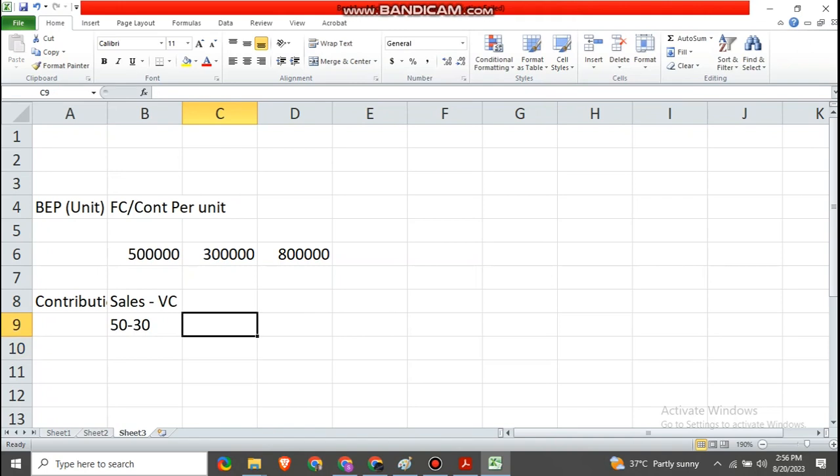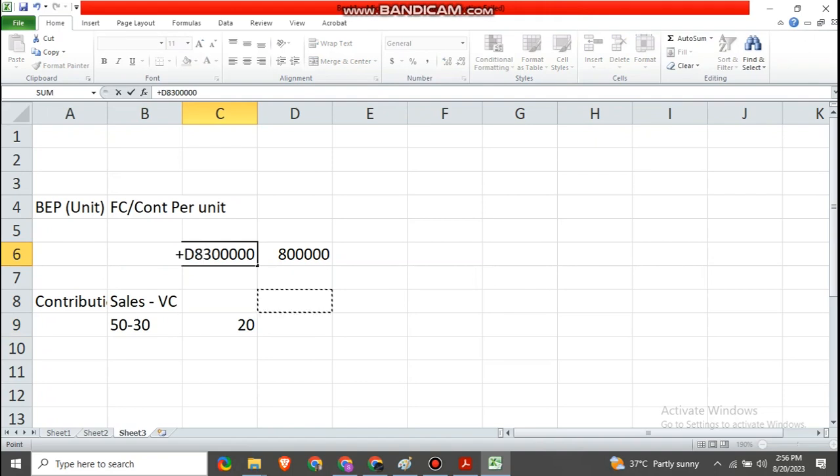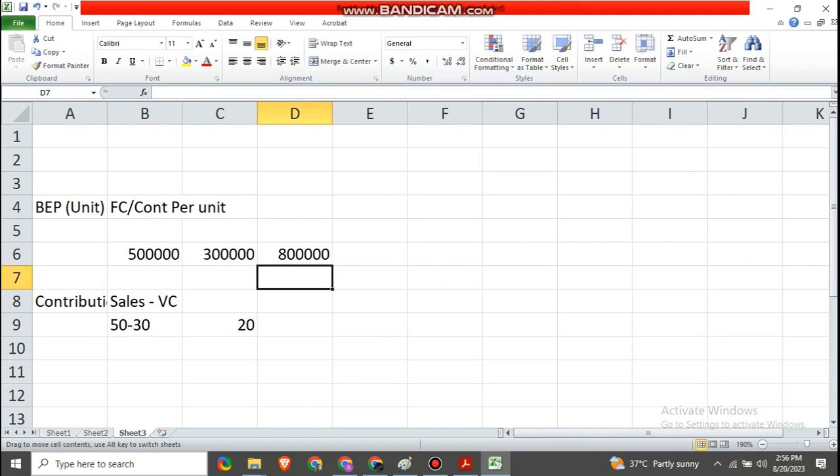Now if I use this contribution per unit of 20 in this formula, which is 500,000 plus 300,000 equals 800,000, then my desired units to be sold is 40,000 units.